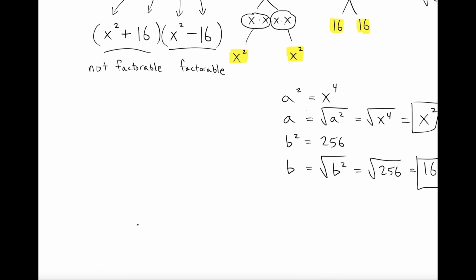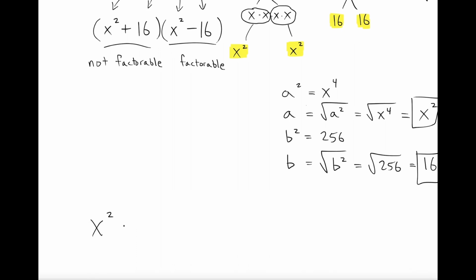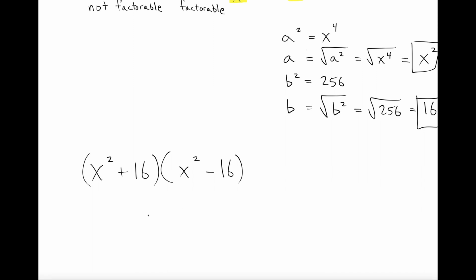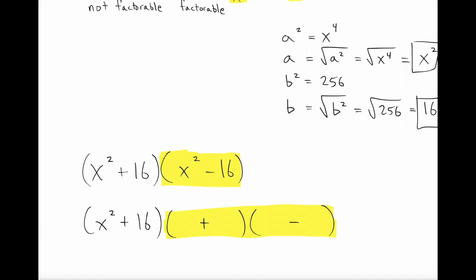So I'm just going to bring my results down here and keep going with the problem and see if I can break just that second binomial up into two binomials. And so this guy will now be replaced with another product of two binomials.